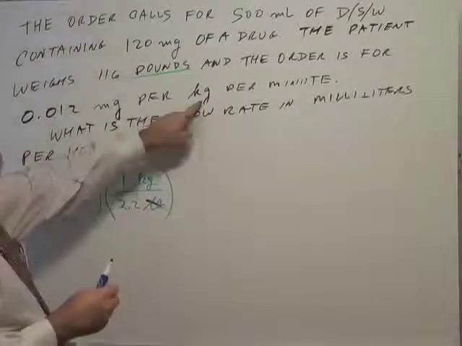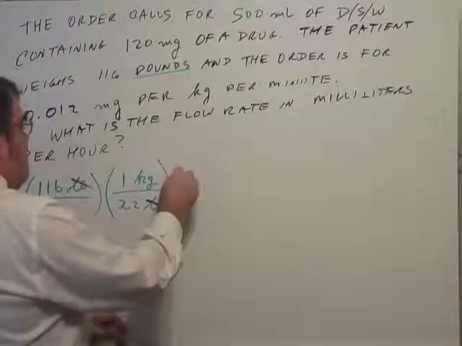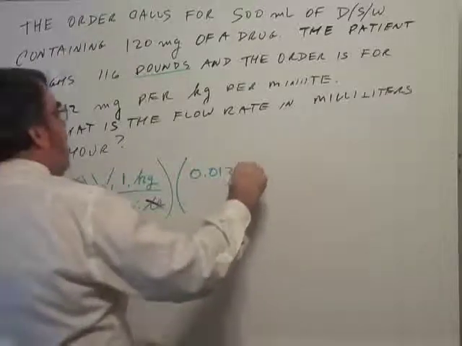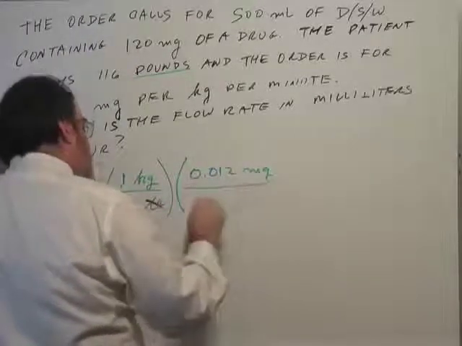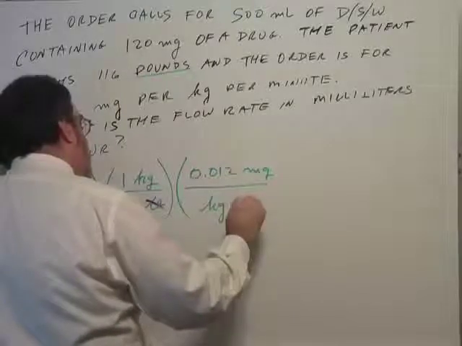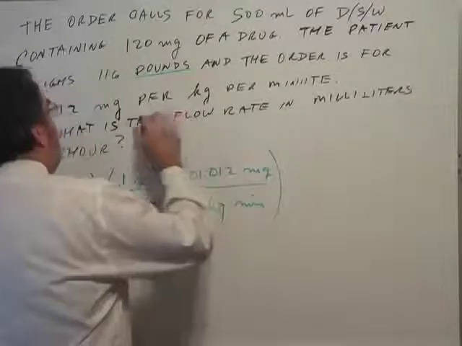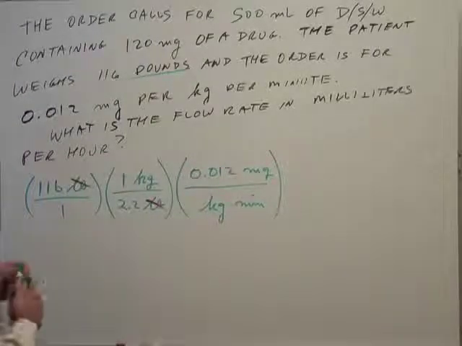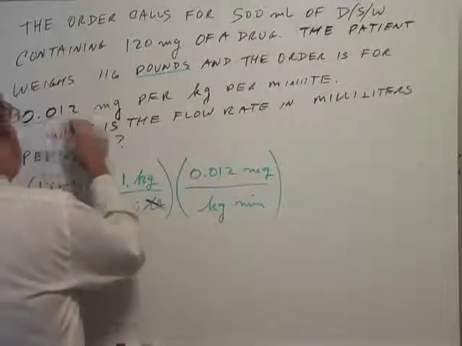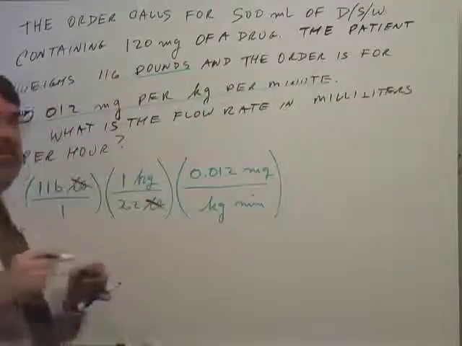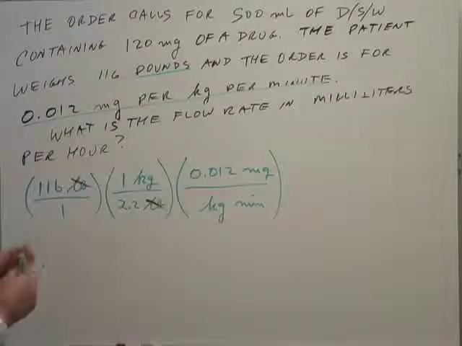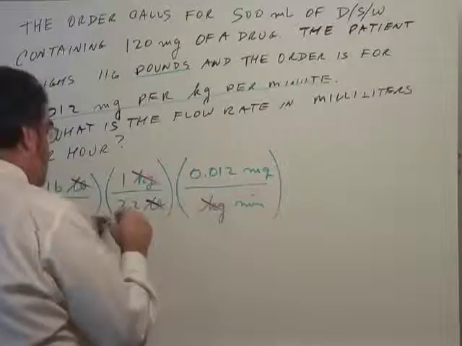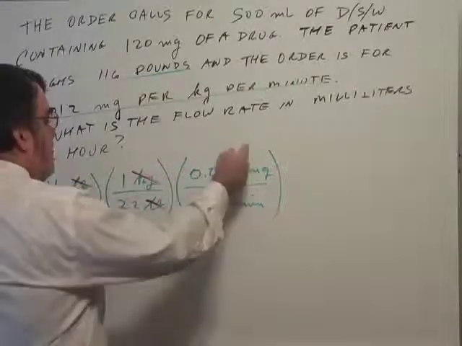Now let's bring in the unit with kilograms, the new one we spoke about: 0.012 milligrams per kilogram per minute. Milligrams per kilogram per minute means I'm going to divide by both kilograms and minute. And that cancels off the kilogram units, so now I'm down to milligrams per minute.